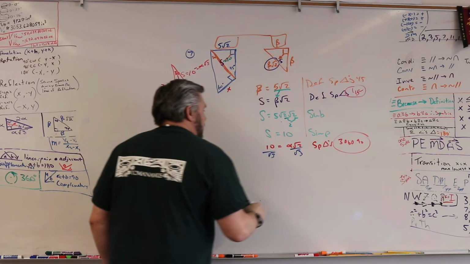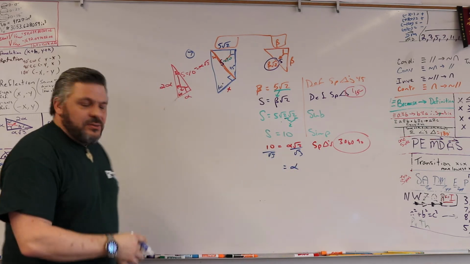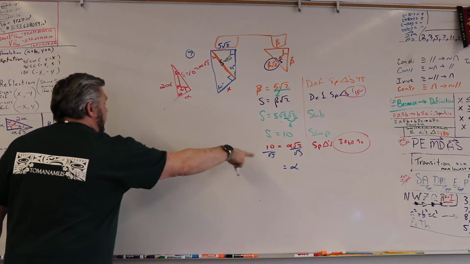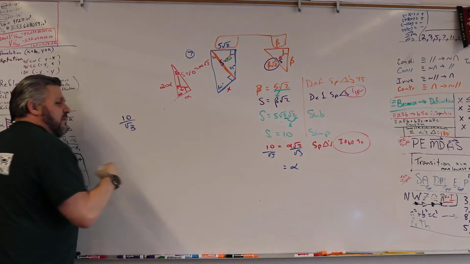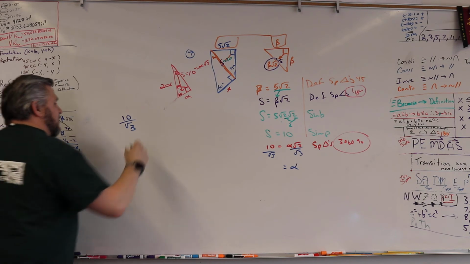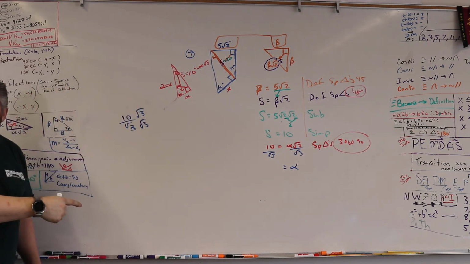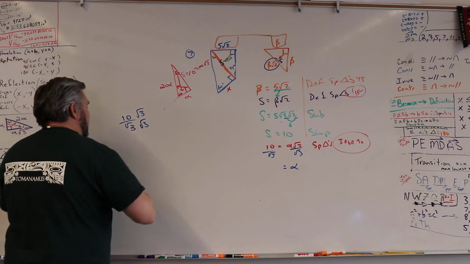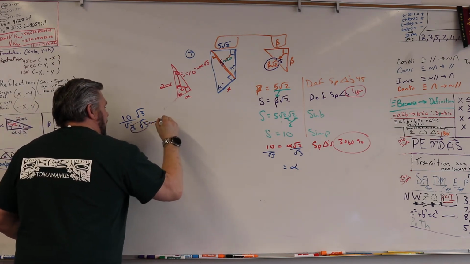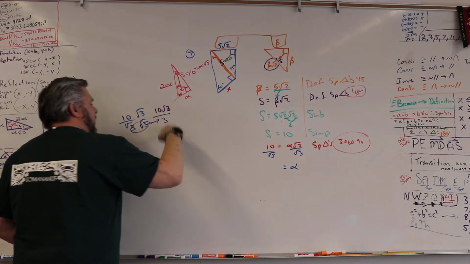Now remember, alpha is not 10 over the square root of 3, because I can't have the square root of 3 in the bottom. So I have to multiply by the square root of 3 over the square root of 3, which is 1. So it's 10 square roots of 3 over 3.